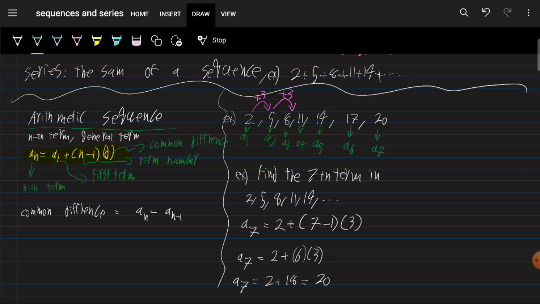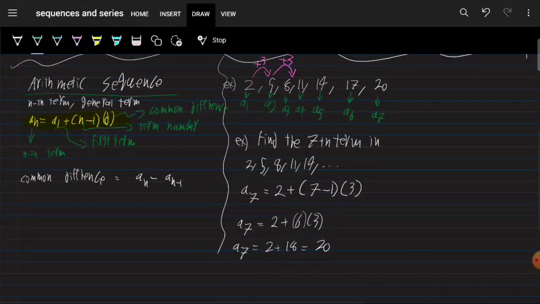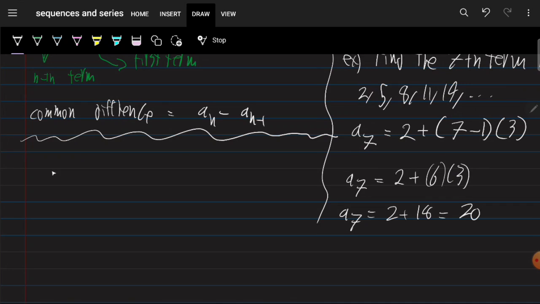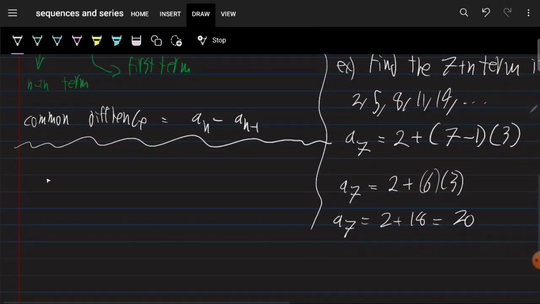Next, I'll briefly talk about where this formula comes from for those of you that are interested. And the reasoning behind this is very simple. Let's go back to the example I had down. So 2, 5, 8, 11, 14.